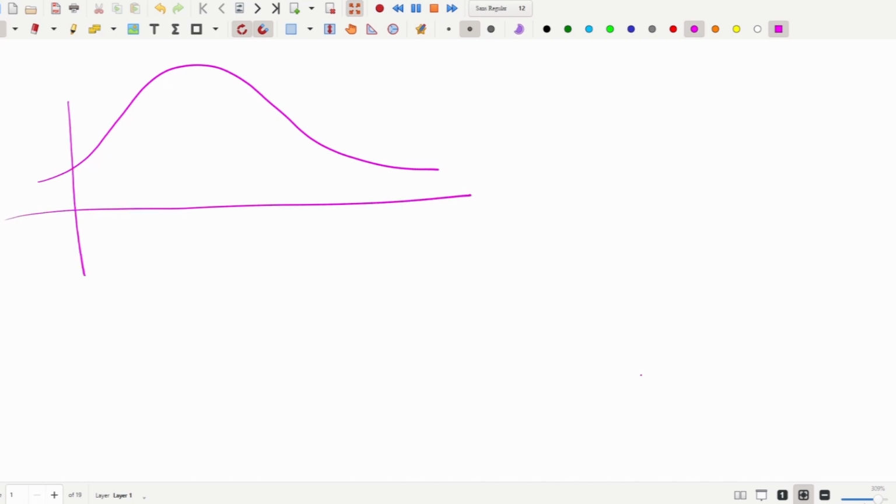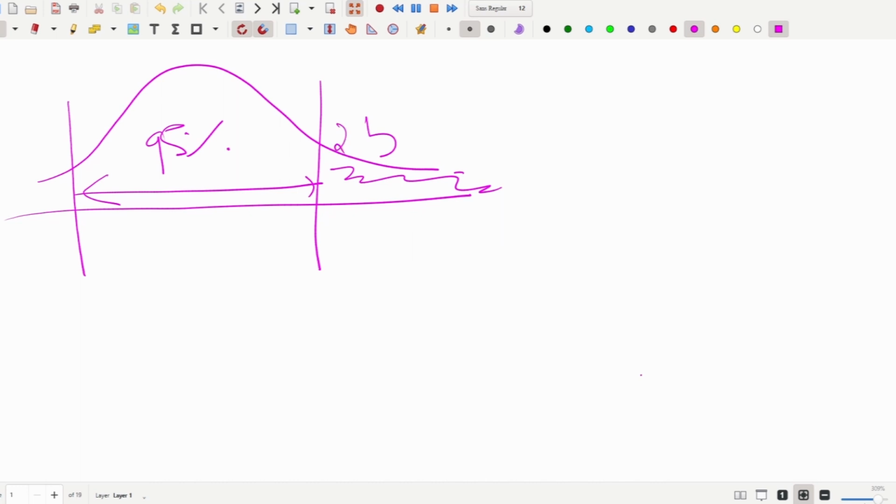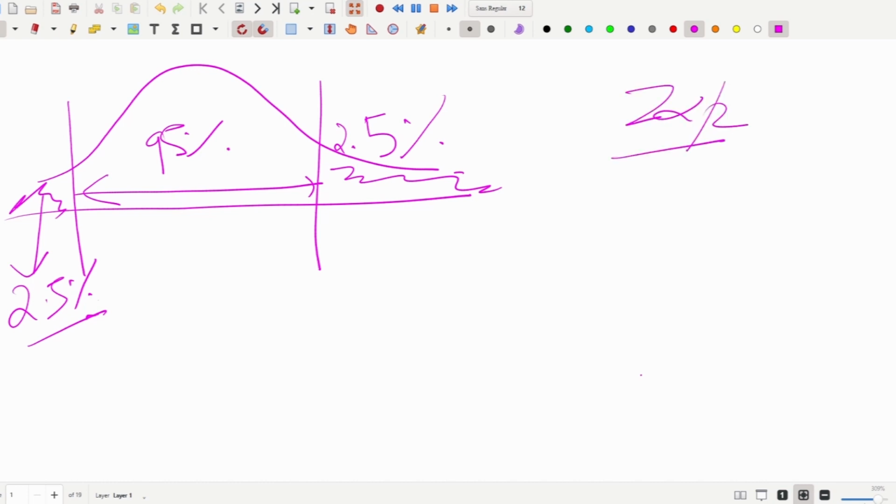If I am saying this is 95%, then this has to be 2.5% and this has to be 2.5%, and therefore the term Z alpha by 2 is used.